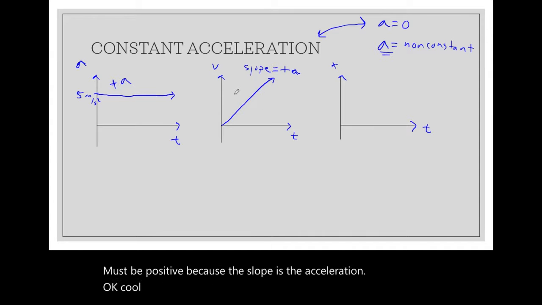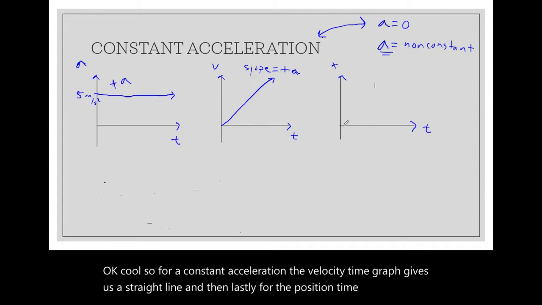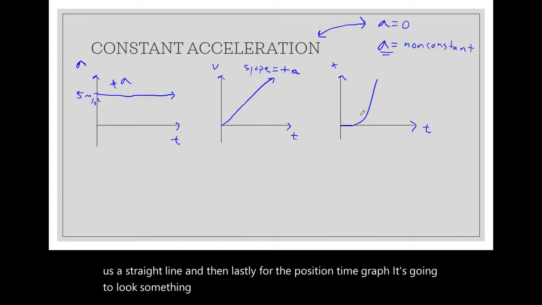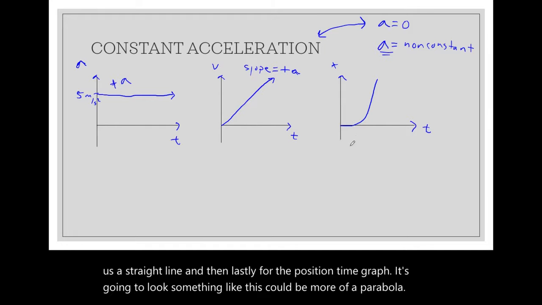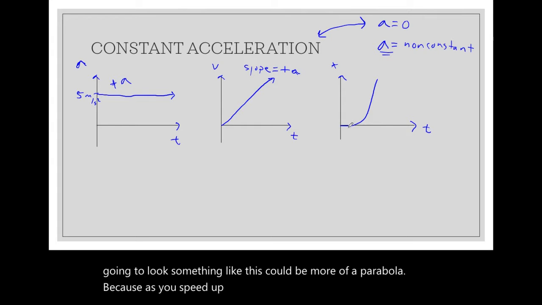Okay, cool. So for a constant acceleration, the velocity time graph gives us a straight line. And then lastly, for the position time graph, it's going to look something like this. It's going to be more of a parabola, because as you speed up, you cover more and more ground.